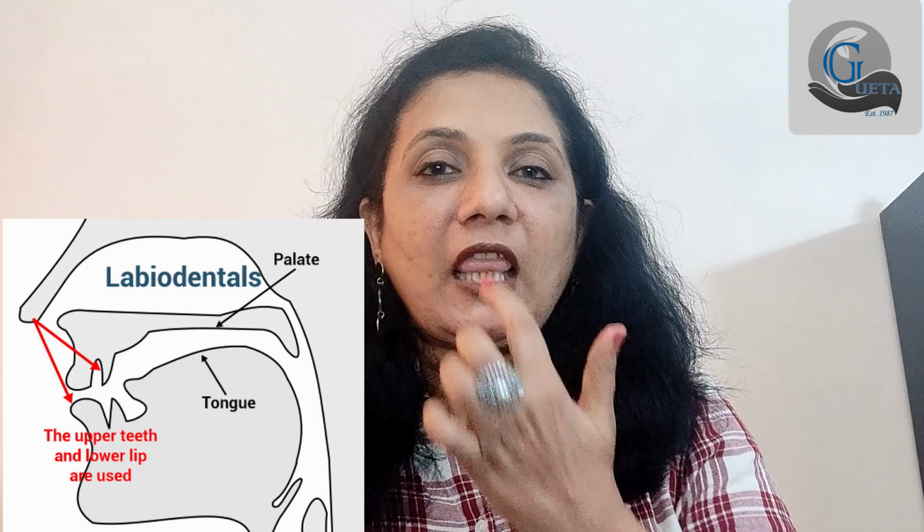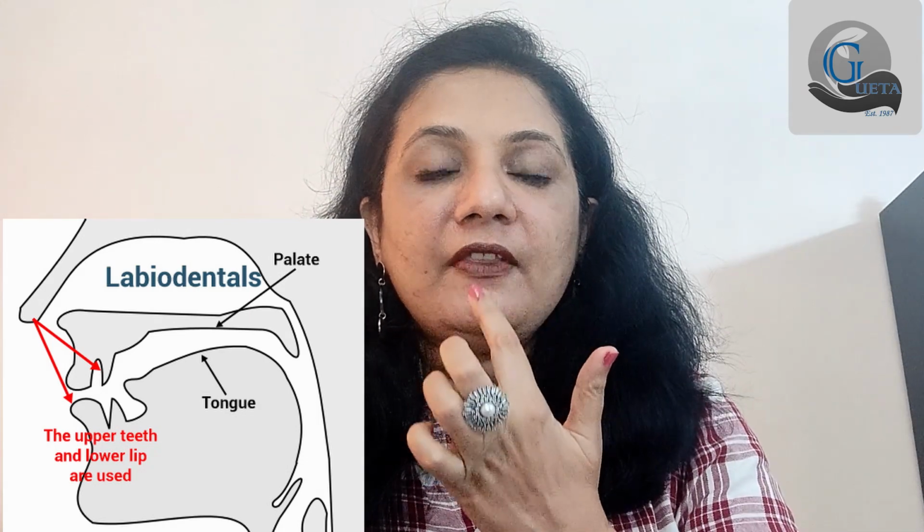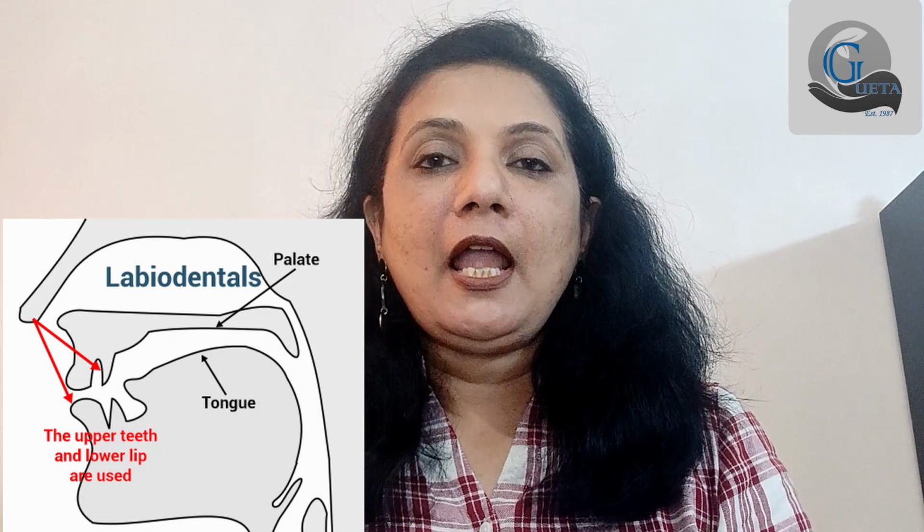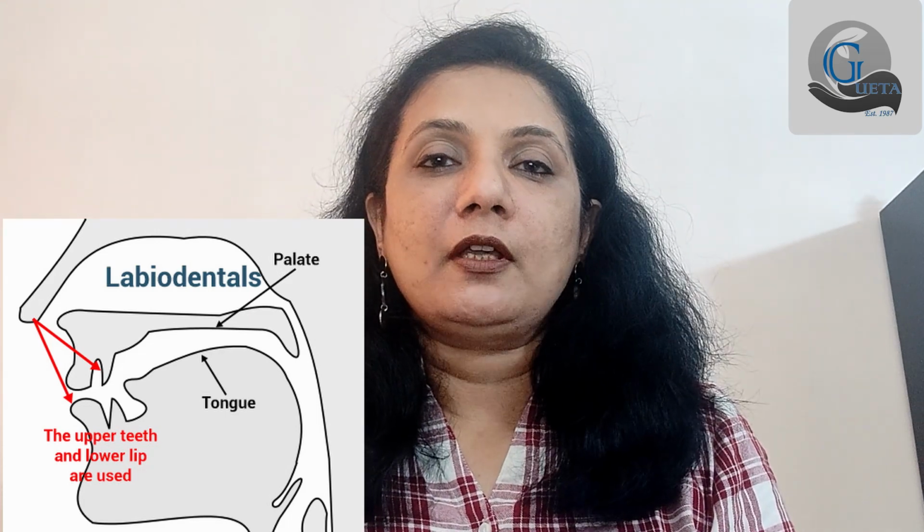We have P sound, which is a bilabial sound, as in words like pool, which means a flower. But in the English language, it is a labiodental sound, which means the upper teeth will touch the lower lip. The upper part of your teeth will touch the lower lip and air will come out of the mouth. So, F. Try practicing it. F and not P.